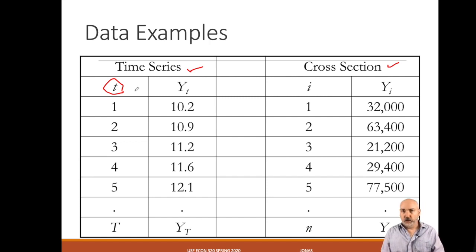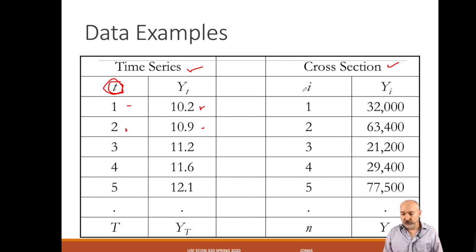It might be in the form of just a ticker, right? A time trend. So when time equals 1, our Y variable equals 10.2. Say this is an interest rate. The next period, it's equal to 10.9, etc. So we would need to know, is this variation day by day, year by year, quarter by quarter? You need to know the frequency of that time series.